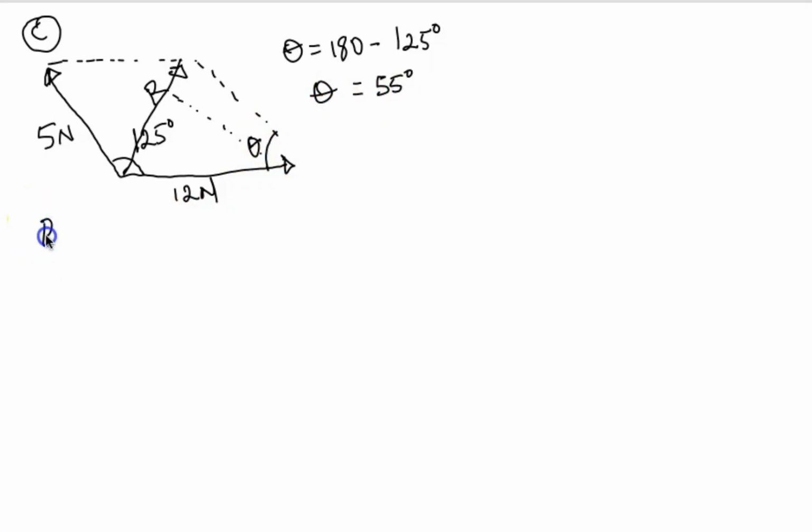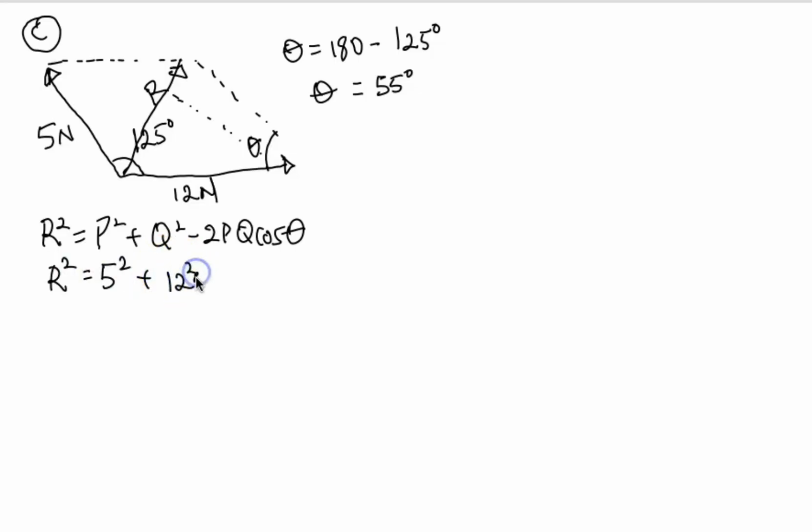So we are going to apply the parallelogram law of vector addition, which we have here: R squared is equal to P squared plus Q squared minus 2PQ cos theta. So again, R squared would be, taking P as 5, 5 squared, plus Q, 12 squared, minus 2 times P, which is 5, times Q, which is 12, cos the angle opposite to the resultant, 55 degrees.